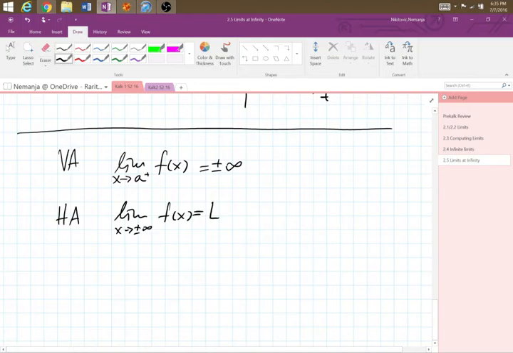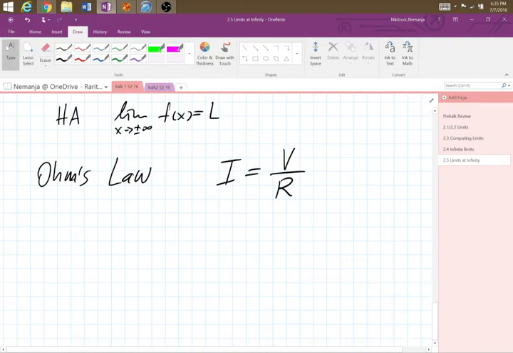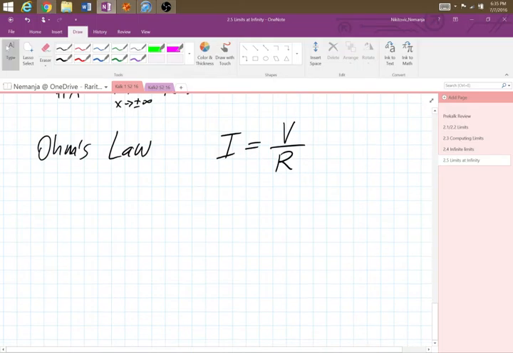So Ohm's law in physics says that the current is equal to the voltage divided by resistance. And the current is the electron movement through the wire.